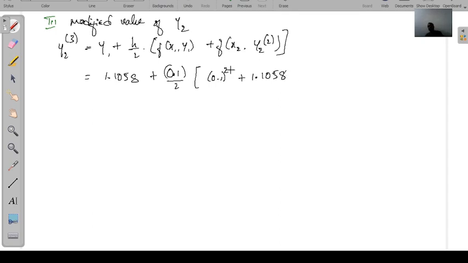I just skipped a step here, so it is written in your PDF. Now x2 square is 0.2 whole square plus y2 of 2, which is 1.2248.